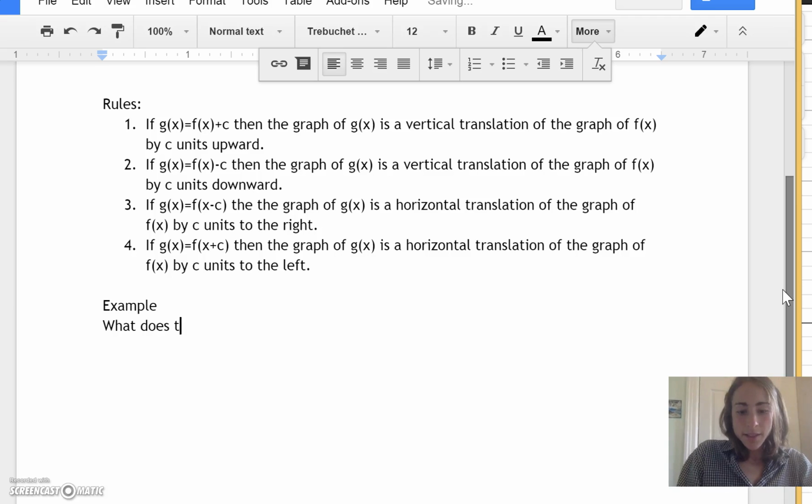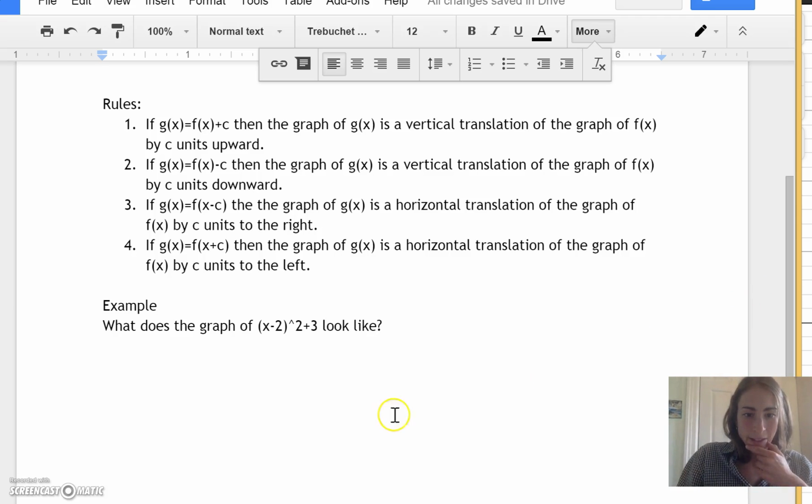What does the graph of, let's say, (x minus 2) squared plus 3 look like? Well, the first question is, what's the parent function?